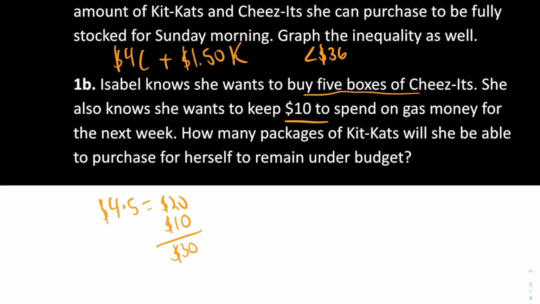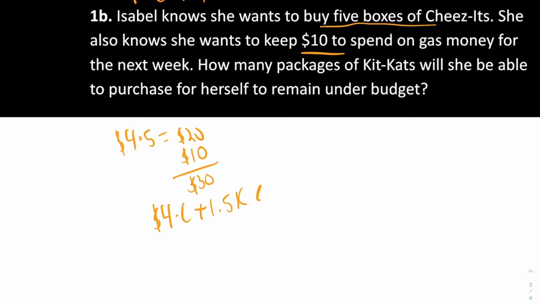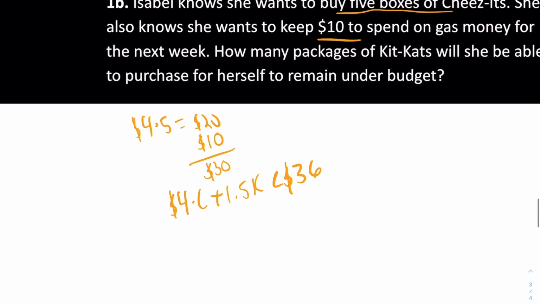Alright, so we started off with 4c plus 1.5k less than $36. That's how much money she had. But then we plugged in the number 5 for C. And we're also going to be adding another $10 that we know she's going to spend.